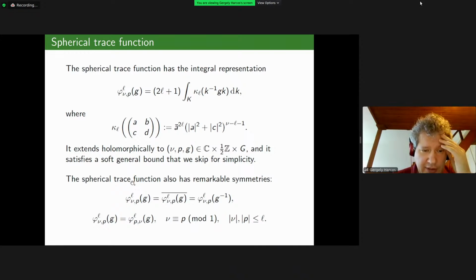And then it turns out that the spherical trace function has some remarkable symmetries. So there is symmetry with respect to G, and there is also symmetry with respect to the parameters of the representation. This right-hand side formula follows right away from the definition.